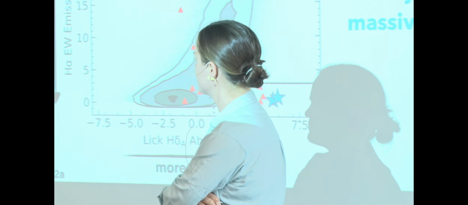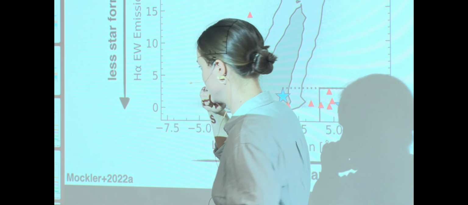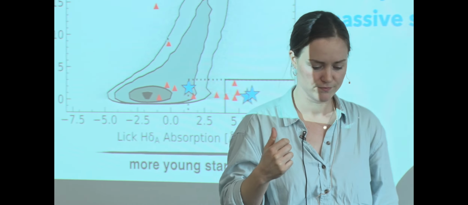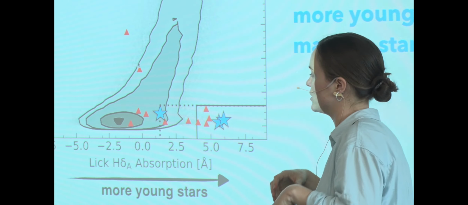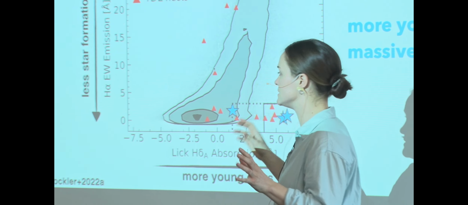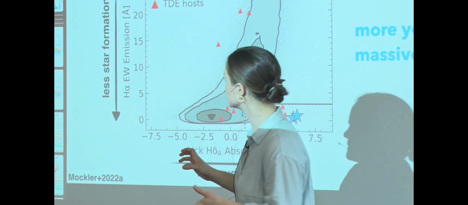So to give some background on what Ilya is saying, I skipped this slide in this talk for time, but one of the main trends in host galaxy type that we've seen is an overabundance of TDEs in these E+A galaxies, which are essentially post-starburst galaxies.